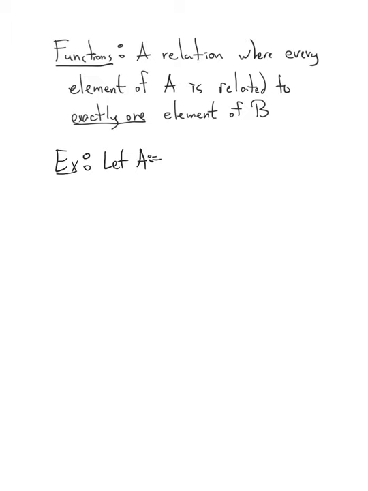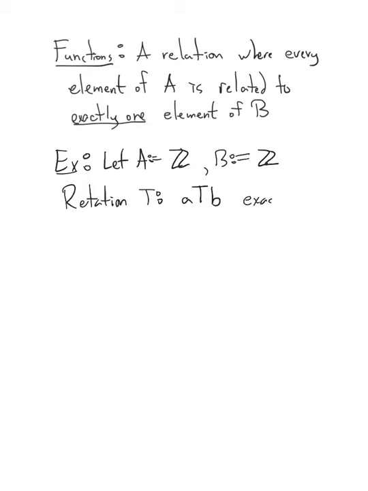That'll be a better example. So let's make A the integers and B also the integers. And then relation T, so we're going to say A is related by the relation T to B exactly when A squared equals B.